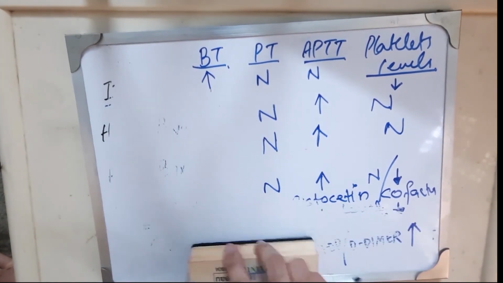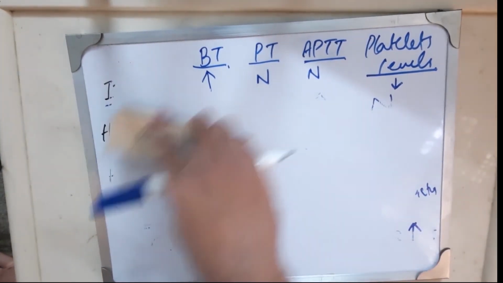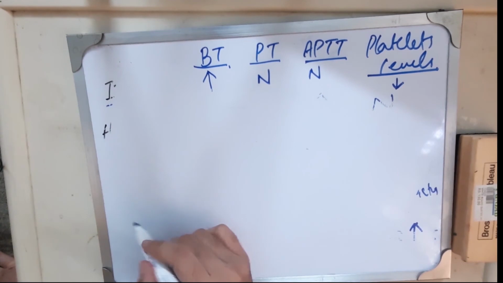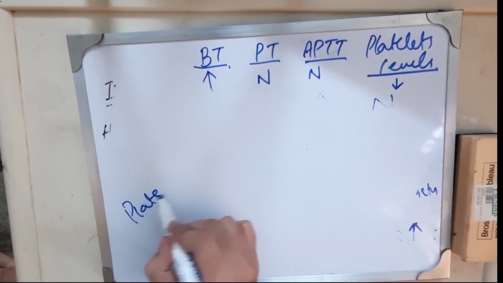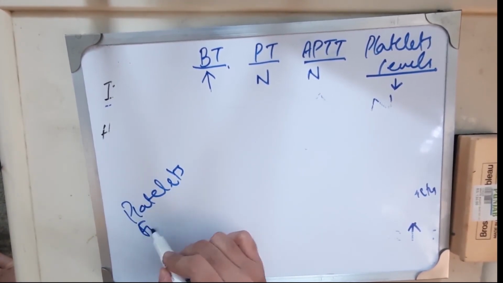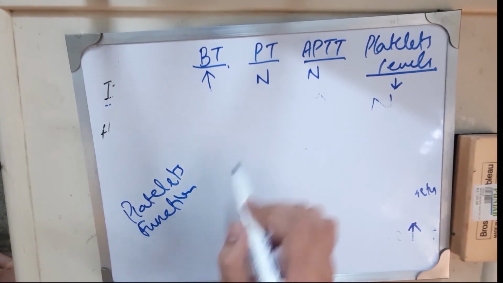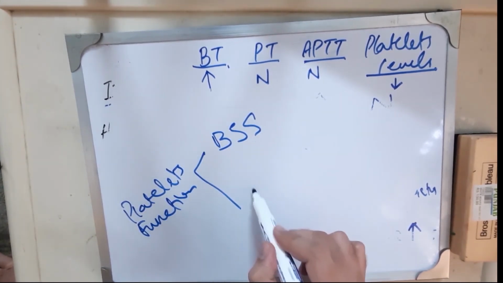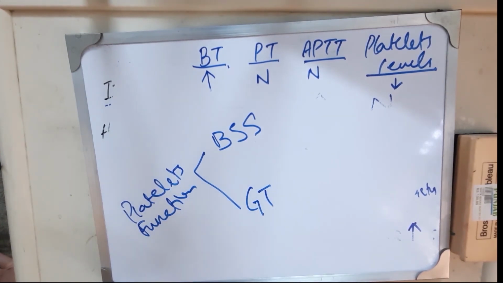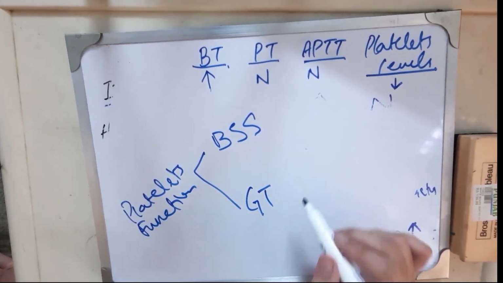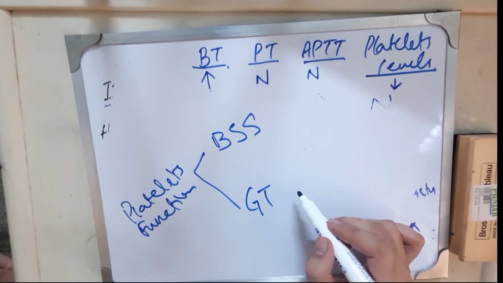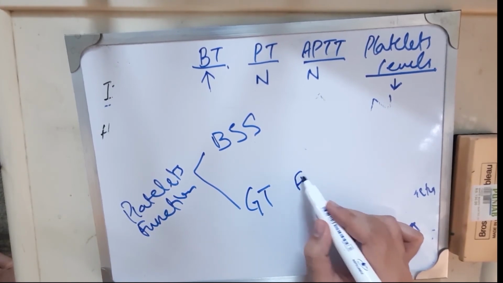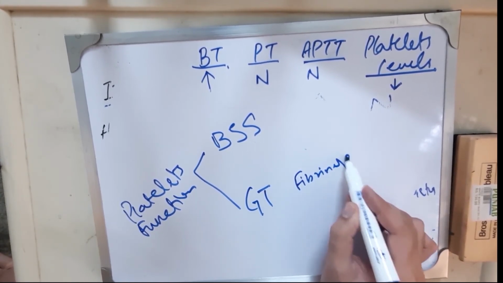These are rare disorders. It includes two, in which platelet function is abnormal: Bernard-Soulier syndrome, and the other one is Glanzmann thrombasthenia. In Glanzmann thrombasthenia, there is abnormality in the fibrinogen receptor on the platelets.